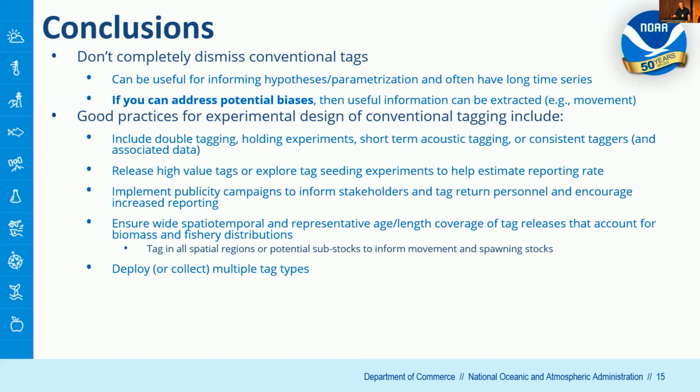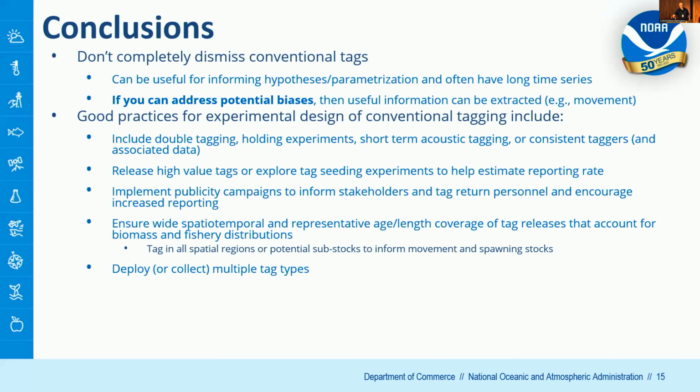In terms of good practices, I don't know that we have a lot of recommendations here. Again, a lot of this is from my experience with more demersal species, with much smaller regional areas. So, double tagging and holding experiments have been useful for us. I think it's been pointed out that consistent taggers could be a useful thing when you're talking about tuna tagging.